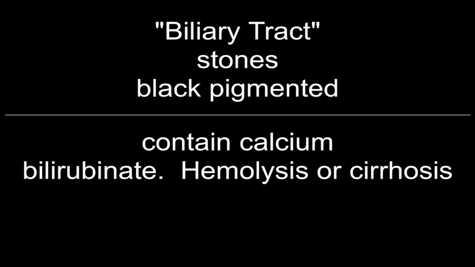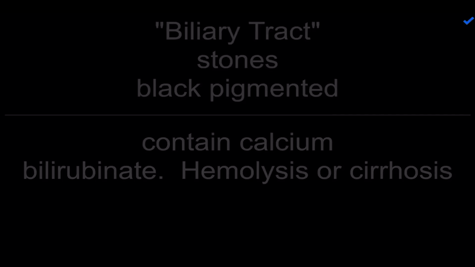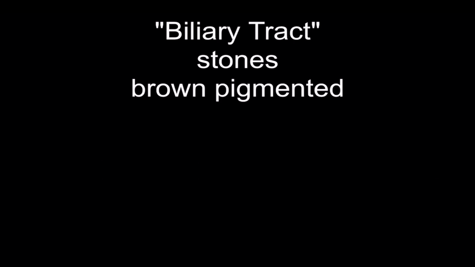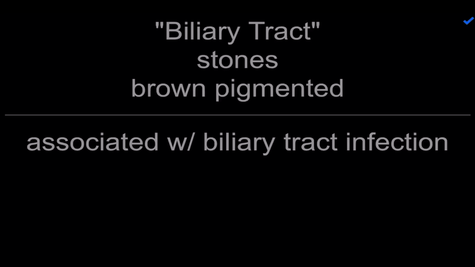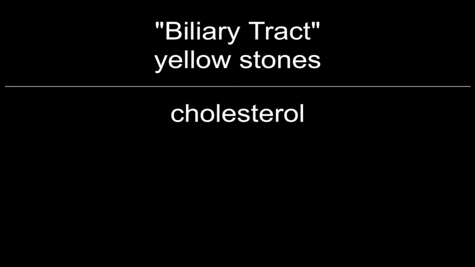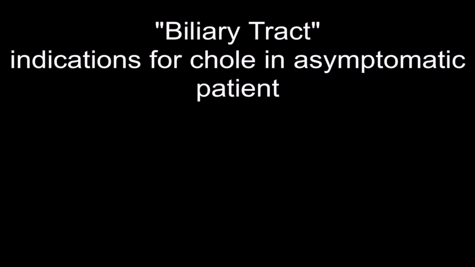It contains calcium bilirubinate and it's from hemolysis or cirrhosis. Brown pigmented stones. What does it contain and what causes it? It's associated with biliary tract infection. What are yellow stones? For gallbladder. Cholesterol.